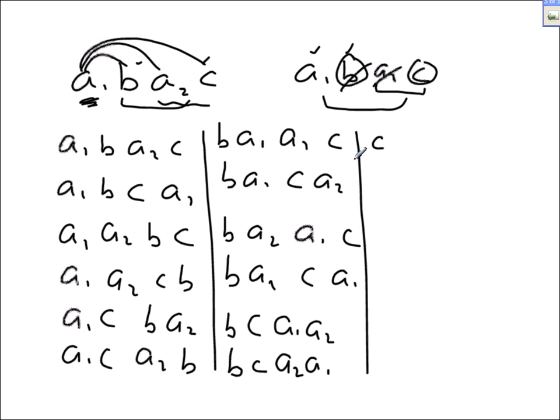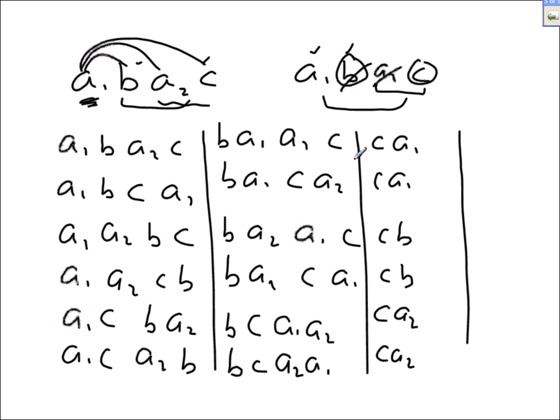Well, C can be first. You can have C with A1. You can have C with B a couple of times. You can have C with A2 a couple of times. If you have C with A1, B and A2 remain.